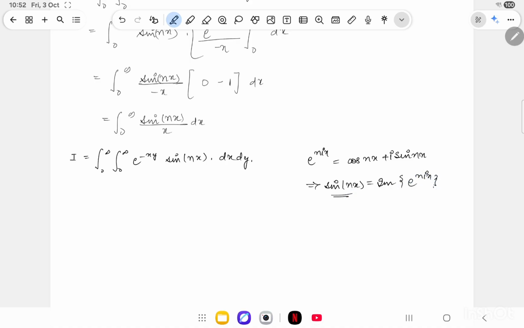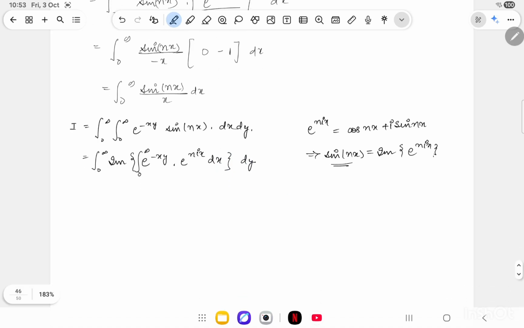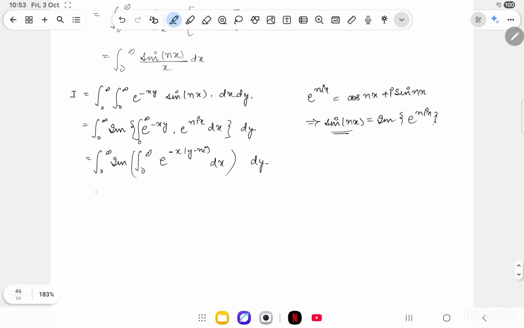So we'll be using this relation in this integration, so it will reduce to the integration from 0 to infinity of the imaginary part of the integration from 0 to infinity of e raised to minus xy into e raised to inx, dx and dy. Now this is equal to the integration from 0 to infinity of the imaginary part of the integration from 0 to infinity of e raised to minus x(y minus ni) dx, and then integration with respect to dy.